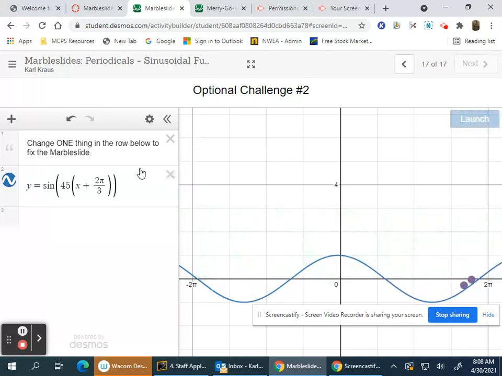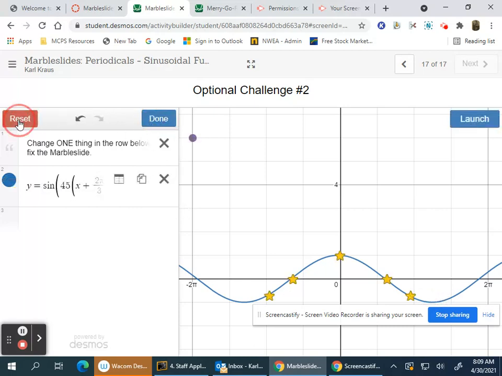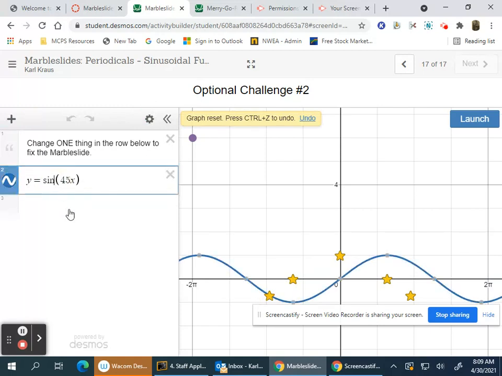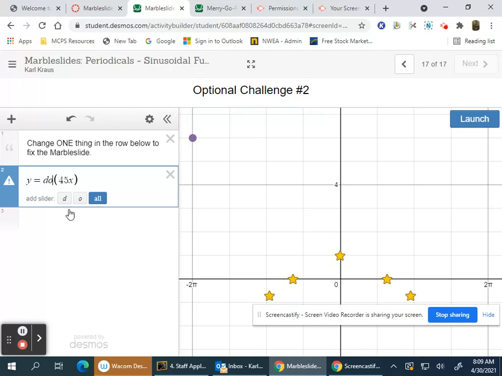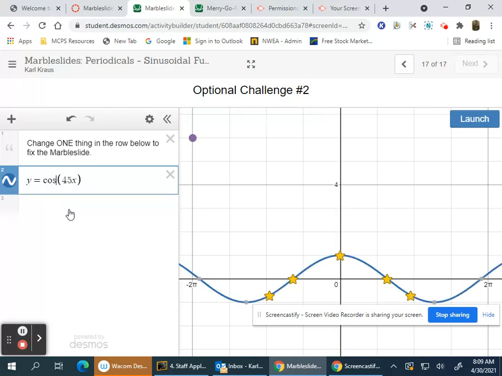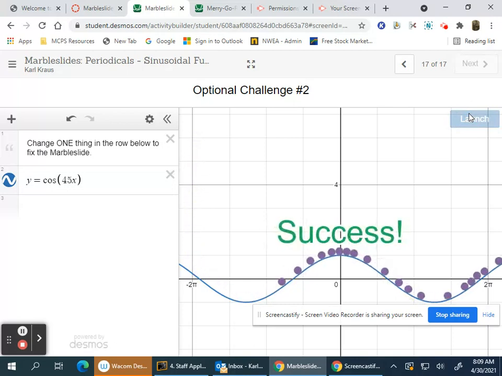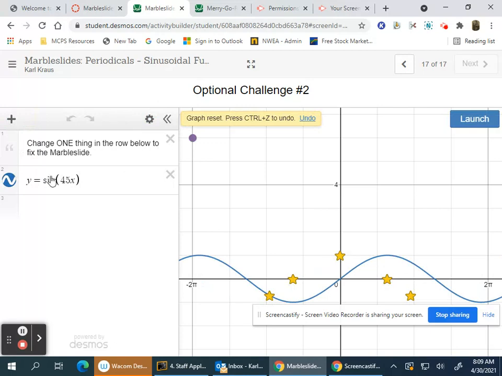So either do a phase shift for the sine curve, or let me reset this. Just make this cosine. And that also works. Or phase shift.